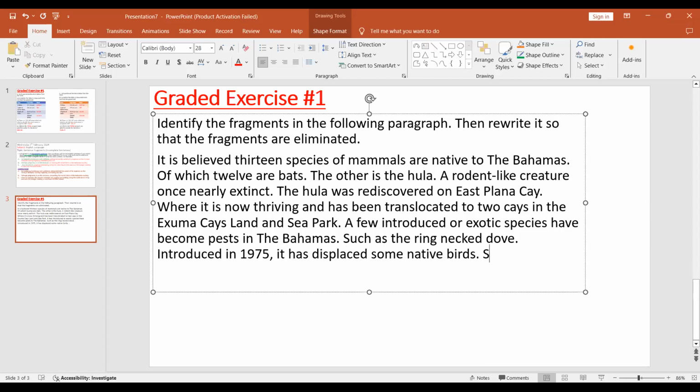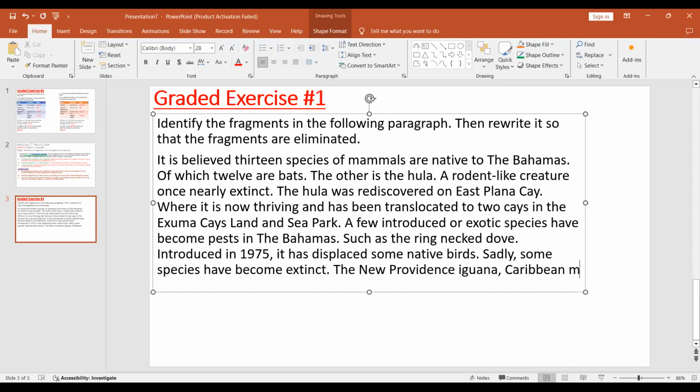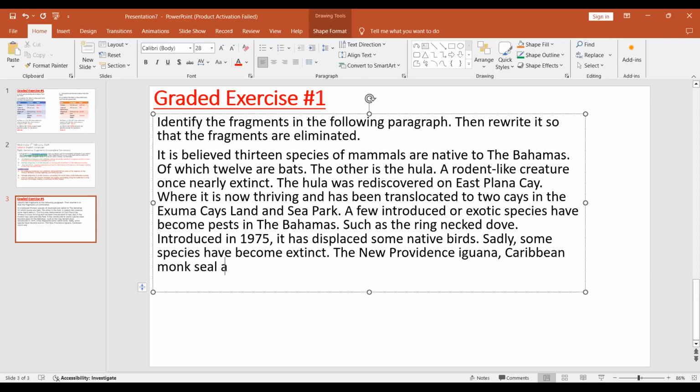Sadly, some species have become extinct. The New Providence iguana, Caribbean monk seal, and Chinese owl, to name some.